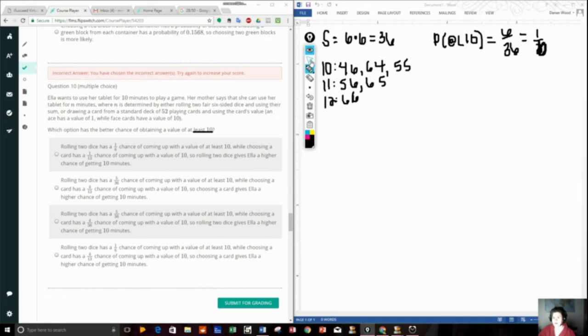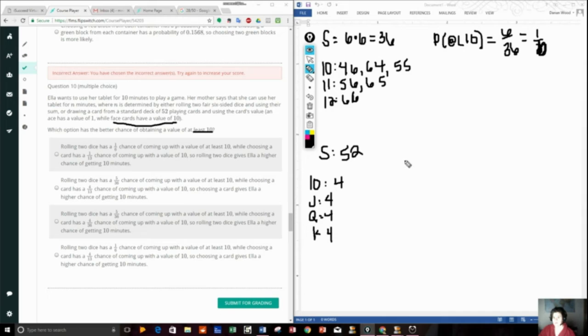And then we're going to move on to the playing cards. With the playing cards, the sample space, well, there's 52 cards. And then the probability of at least a 10, well, you have your 10 cards. There's 4 ways to draw a 10 there. You have your jack cards because face cards have a value of a 10, and there's 4 there. Then you have your queens, there's 4 there, and then you have your kings, there's 4 there.